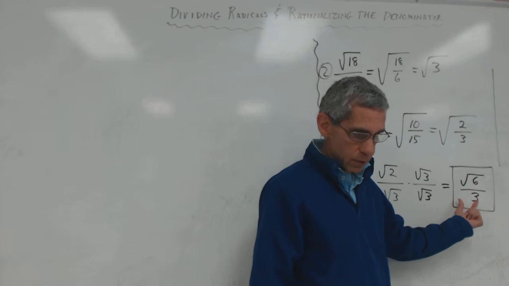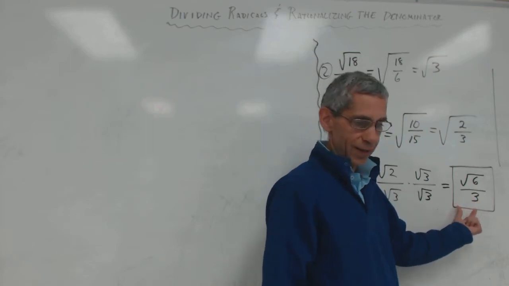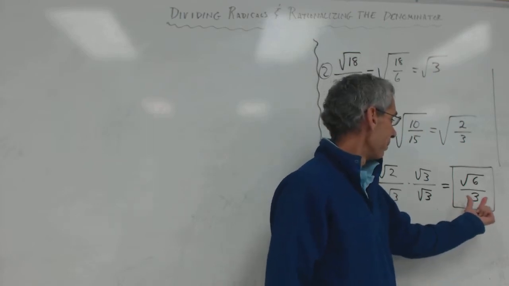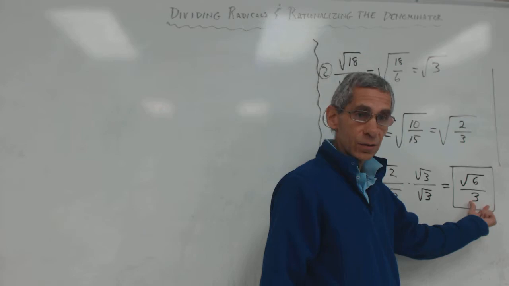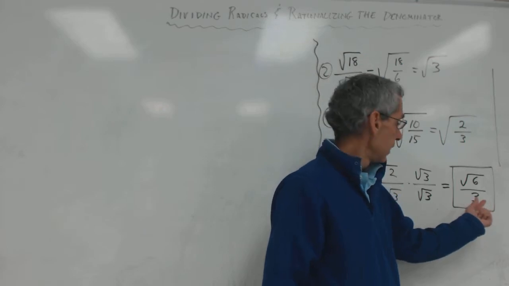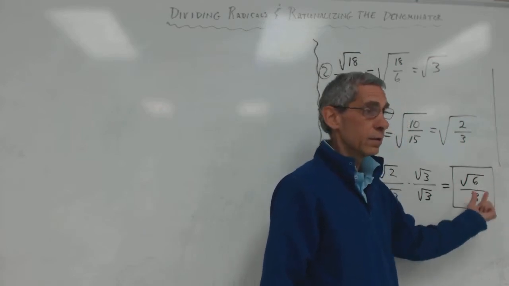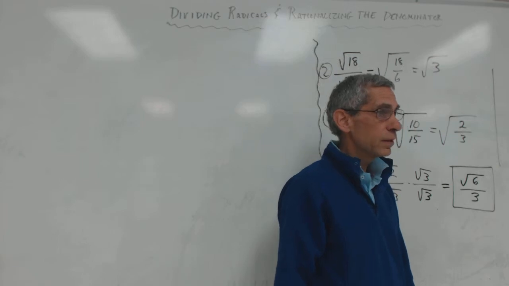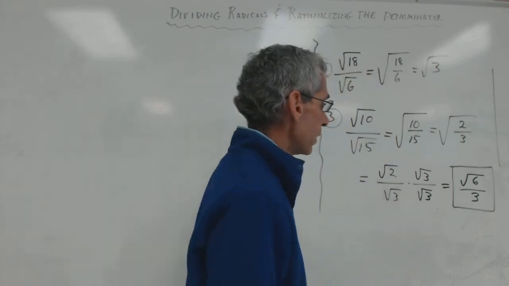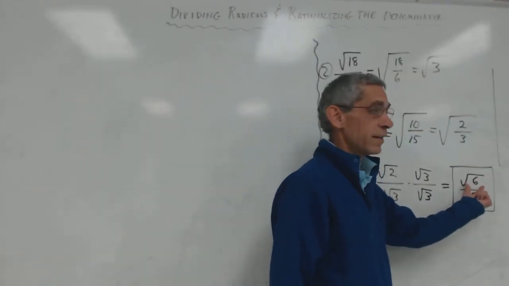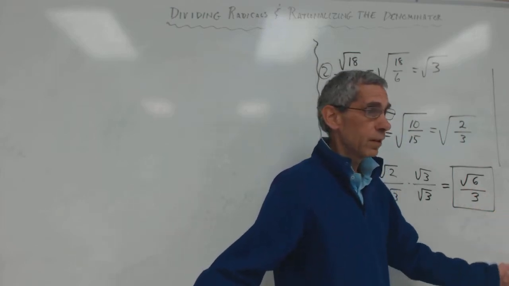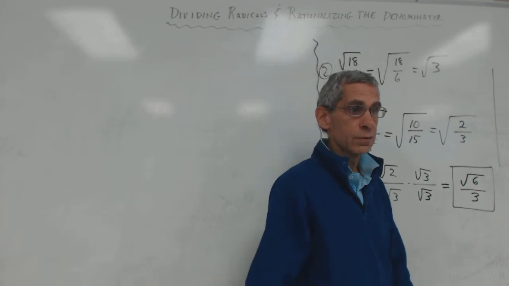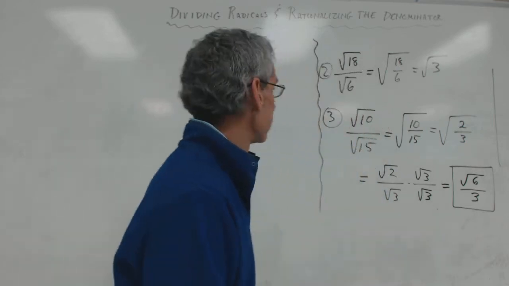So I can't divide 3 into 6 because 3 is not in a square root. If 3 was in a square root sign, then I could. They're completely different numbers. This is 3, this is not 6, this is the square root of 6, which is 2 point something something something, times itself, right? So it's whatever.